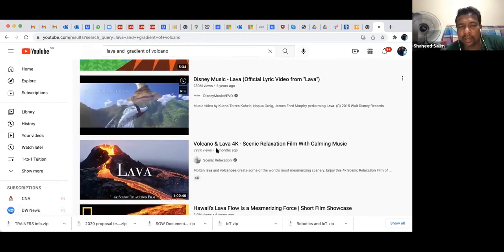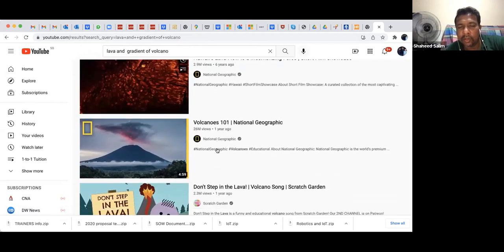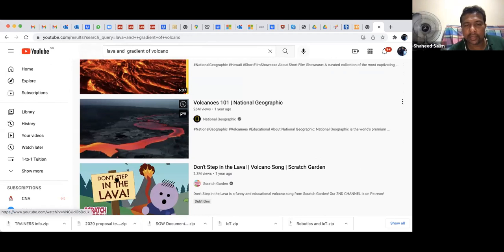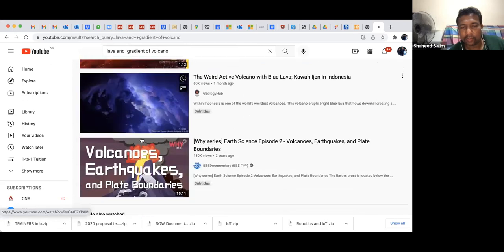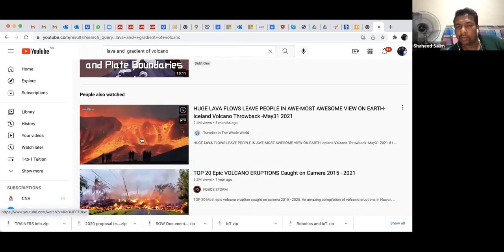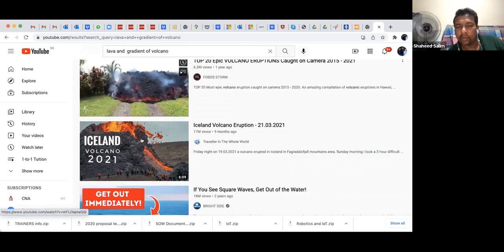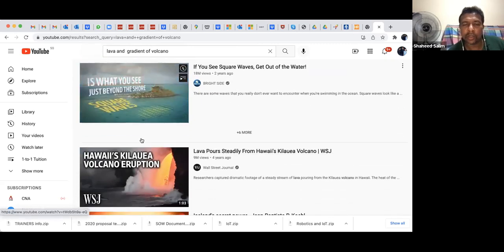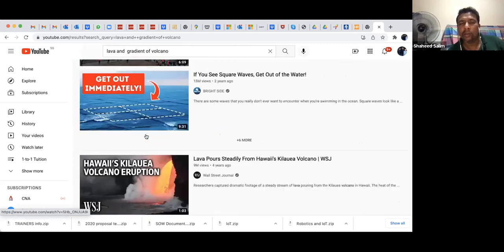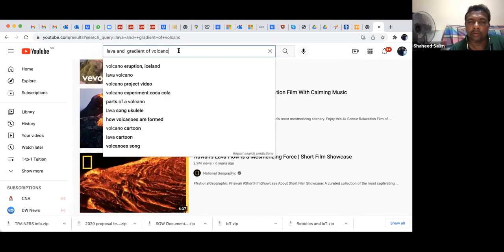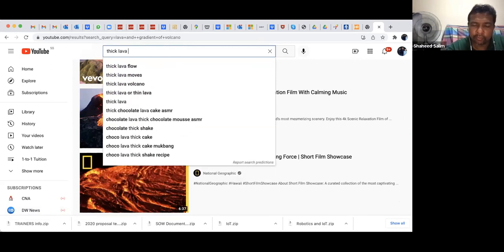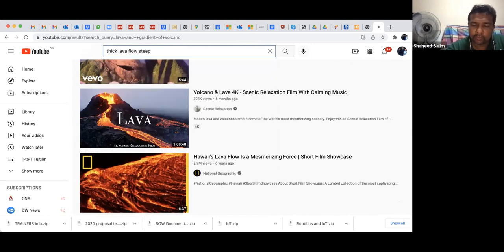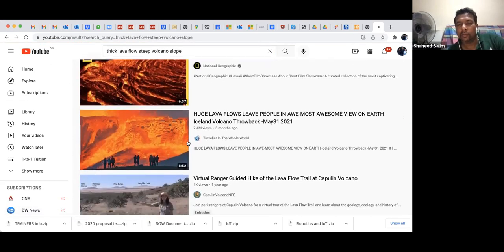Let me see. Do they have? So you see this one now. Oh, you can see this one. I do not know whether it's gentle or steep, but sorry, I did not showing. Okay. Thick lava flow, steep volcano slope. Do they have?